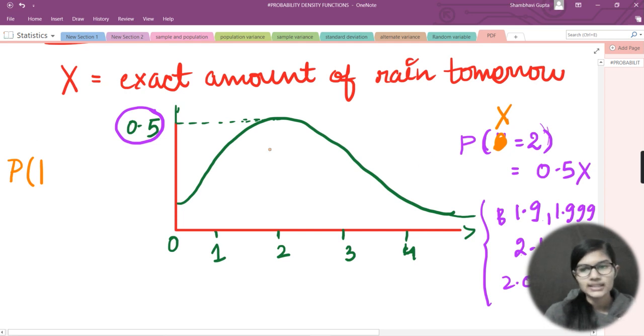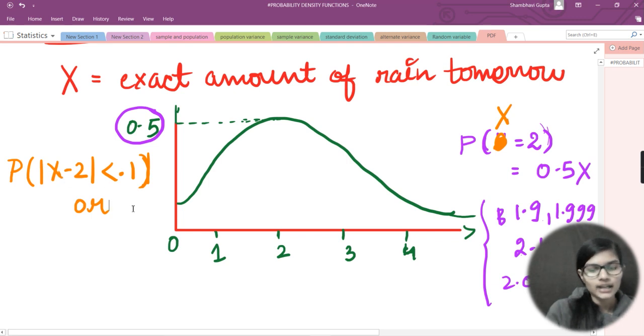So I put this mod so that it does not go negative, and in that I write x minus 2 is less than 0.1. Whatever my x value is here, it should be less than 0.1 when I subtract 2. If you are not able to understand this, just leave it, don't pay attention to it.